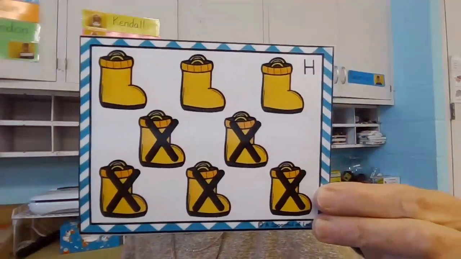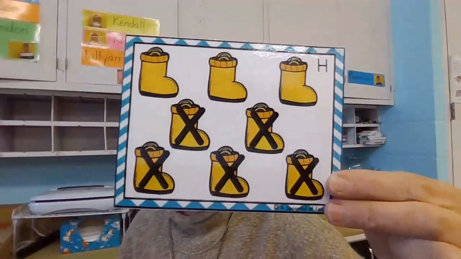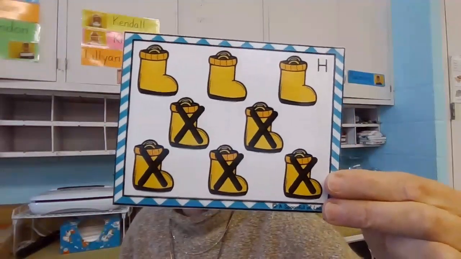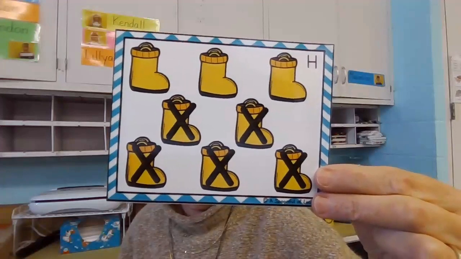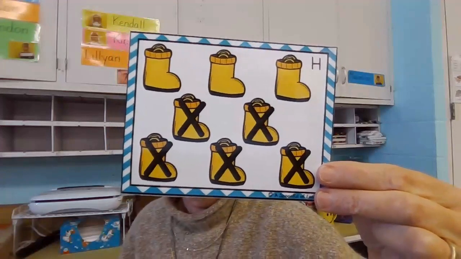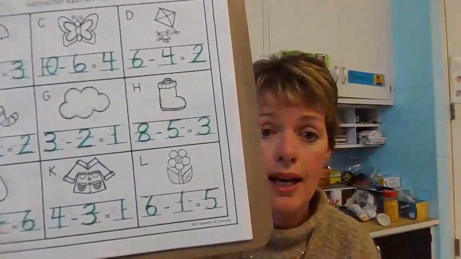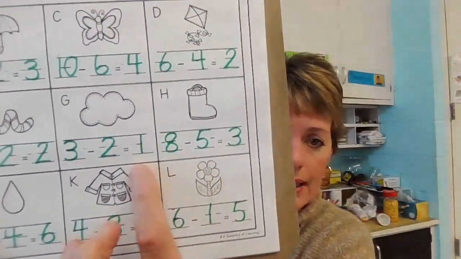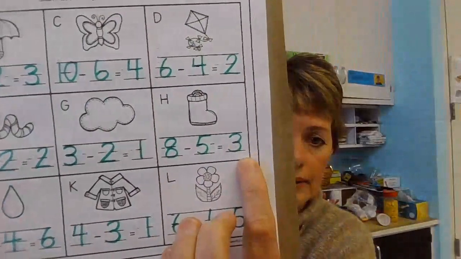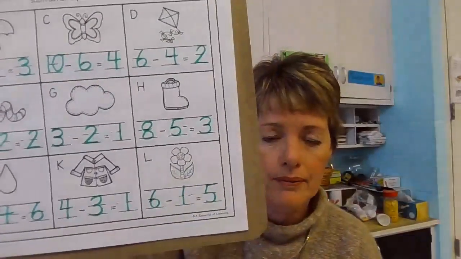Now, how many rain boots are left at the top without X's on them? Write that number. Very good. Let's see if you have the same thing for letter H as I have. I have 8 take away 5 equals 3. Is that what you have?